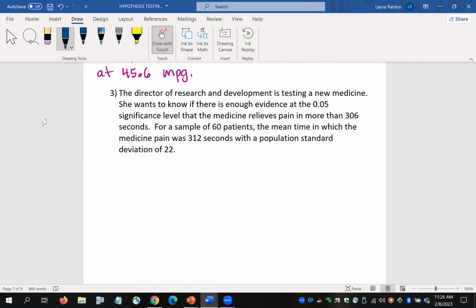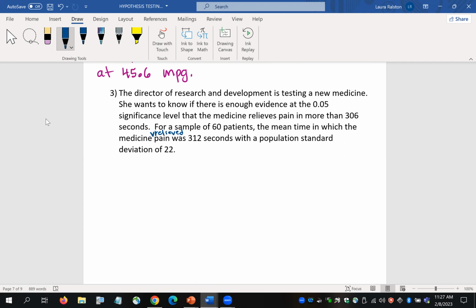For a sample of 60 patients, the mean time in which the medicine relieved pain was 312 seconds, with a population standard deviation of 22.